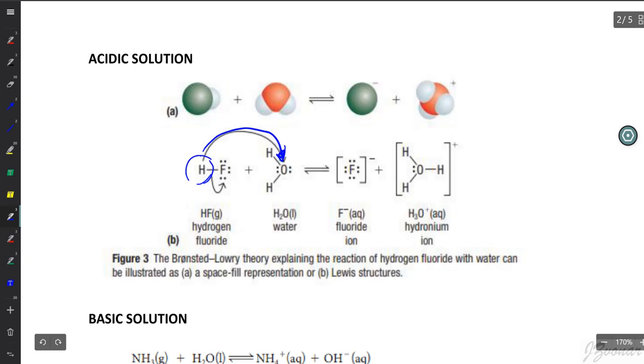By definition, hydrogen fluoride is therefore the acid, and water is the base because it's accepting the hydrogen ion. What results is the fluoride ion and the hydronium ion. The short form for hydronium ion is the hydrogen ion.